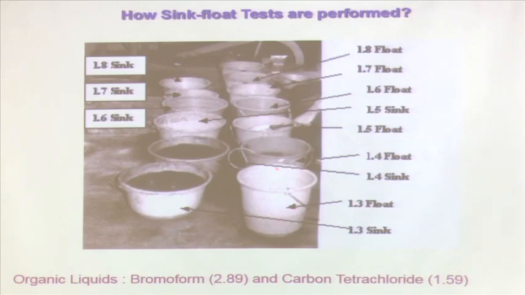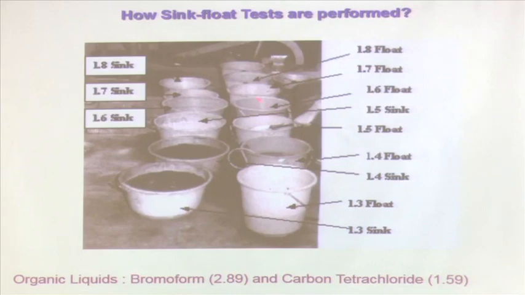Then what I do, now I have sampled, the sampling is very essential. Suppose 5 kilograms of material, for which I want to know the density distributions, how they are distributed and what are their qualities, to conclude whether my coal is washable by the conventional washing techniques or not.